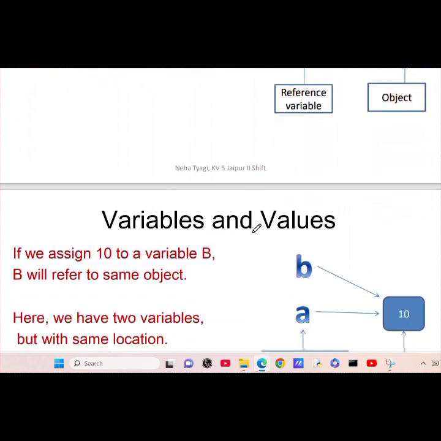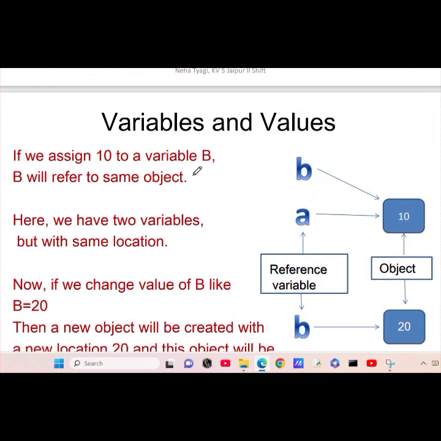Then we will see variables. If we assign 10 to a variable b, then b will refer to the same object. For example, b and a have the same value, 10, so we can write b = a = 10. So 10 is the value for b and a, and b and a are the reference variables with respect to the 10.